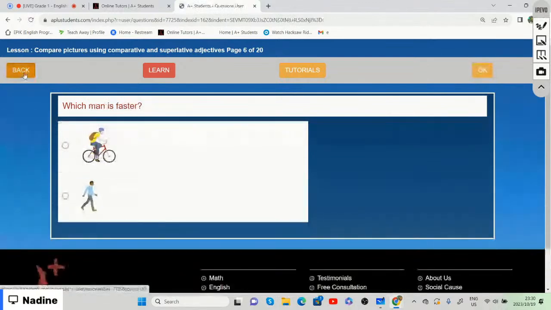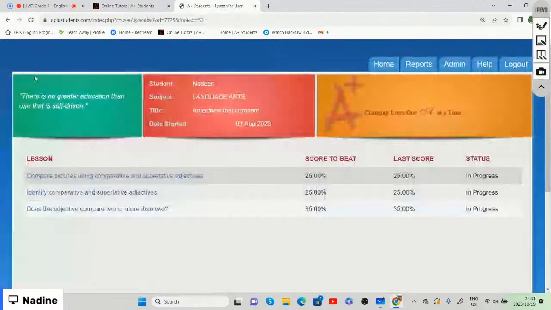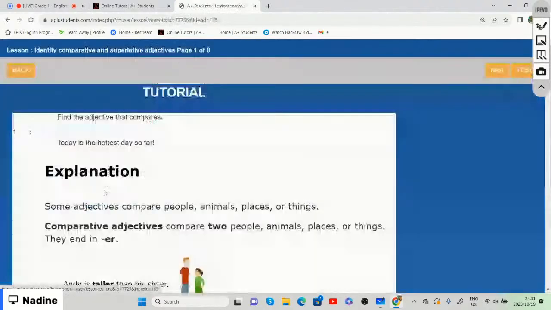All right. So that is us comparing basically two people, animals, places, or things, and we call that a comparative adjective, right? So now we're going to identify the comparative as well as the superlative adjectives.